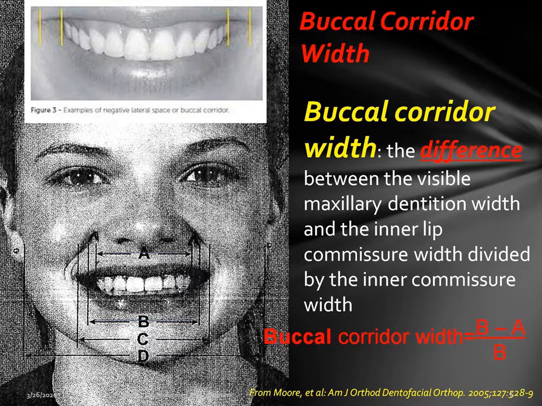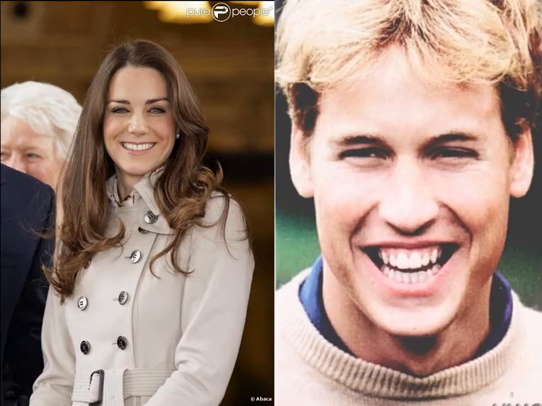The buccal corridor is the difference between the maxillary visible dentition width and the inner commissures width, divided by the inner commissures to get a percentage. That means that the buccal corridor width will be equal to B minus A over B. Okay?